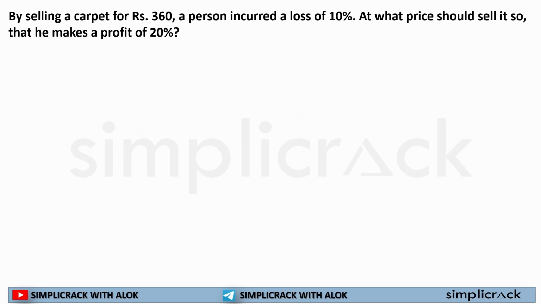See the first question. By selling a carpet for 360, the sales price is 360, a person incurred a loss of 10%. Cost price, we do not know. Loss percentage is 10%. What we know? Cost price by selling price is equal to 100 by 100 minus loss.